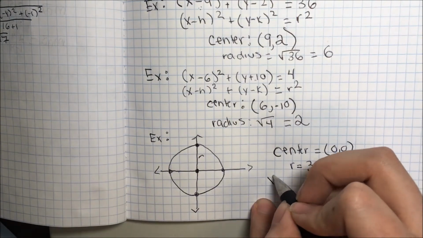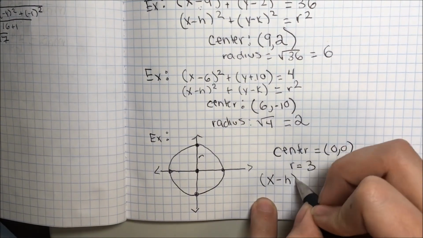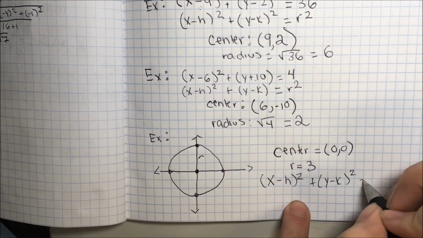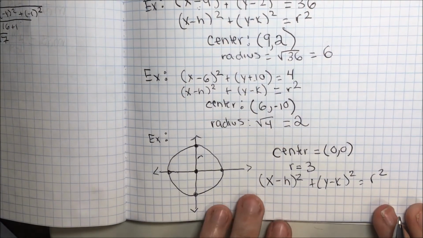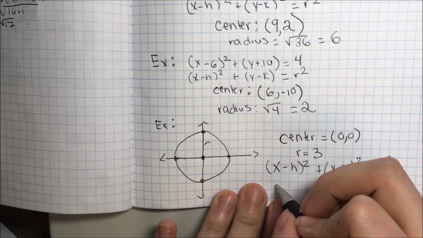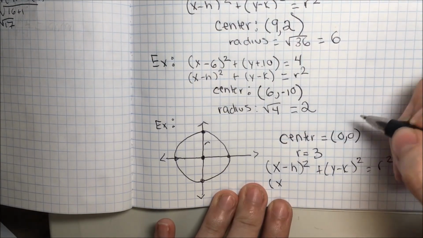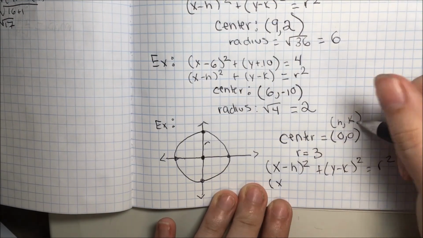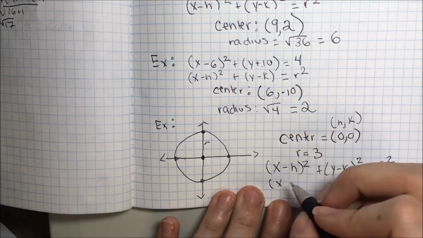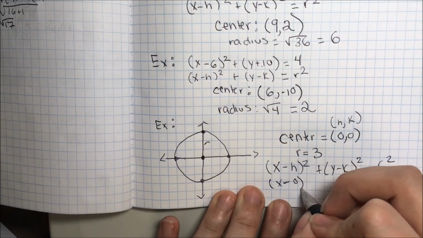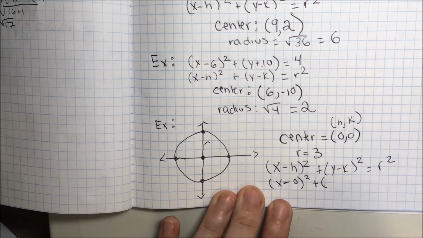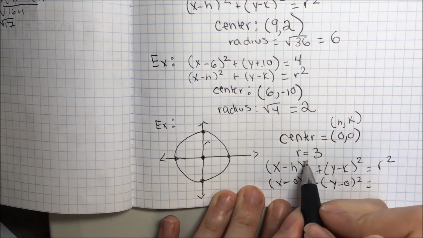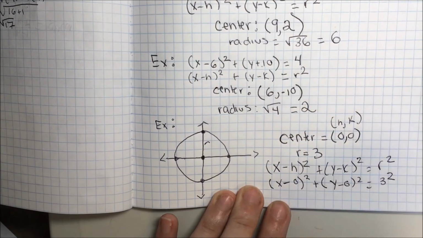So if we want to put this into our equation, we have x minus h squared plus y minus k squared equals r squared. So if we have a center of (0, 0), this would be our h, and this would be our k. So we have x minus 0 squared plus y minus 0 squared equals a radius of 3 squared.